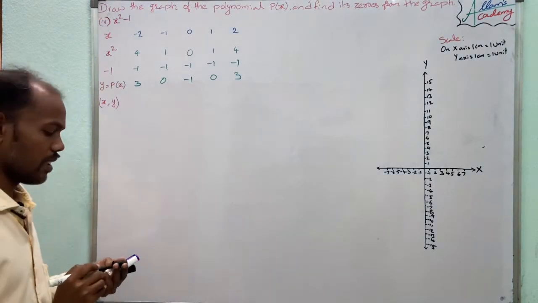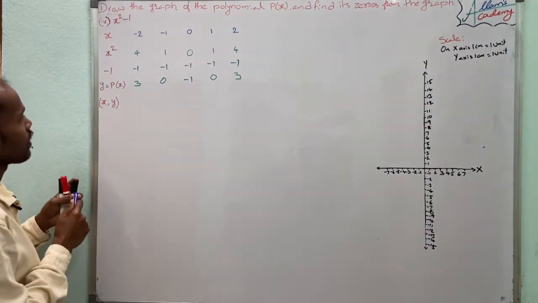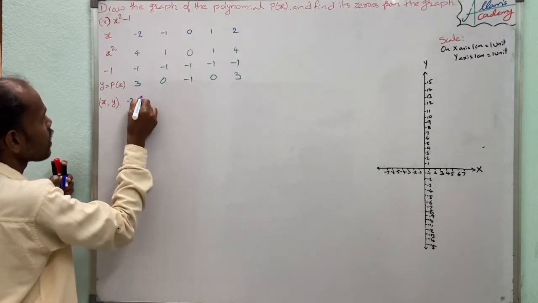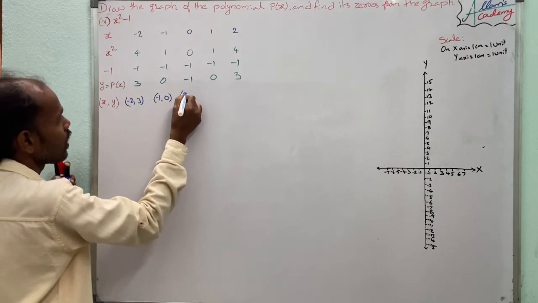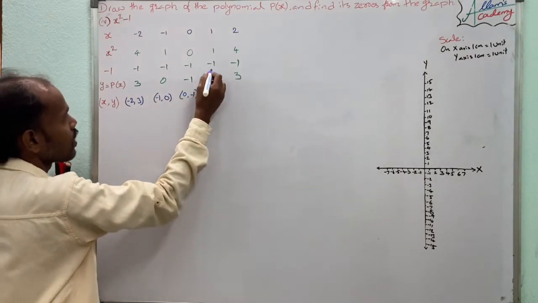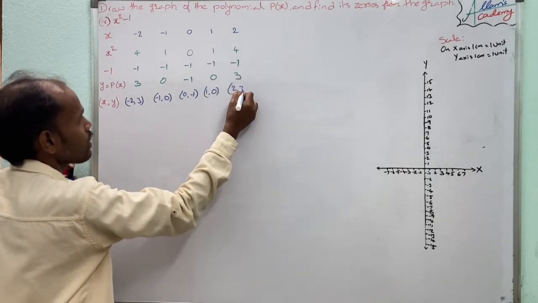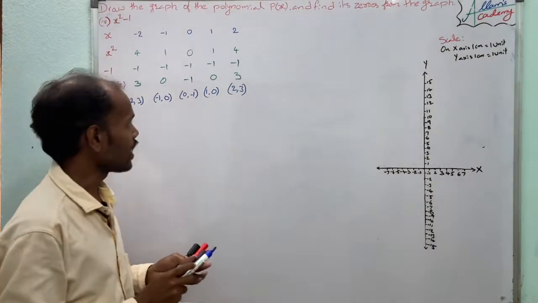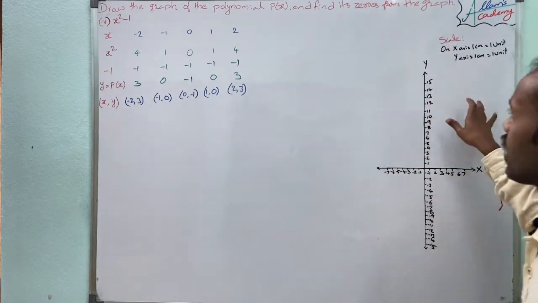So now the points are: for minus 2 the corresponding value is 3, for minus 1 it is 0, for 0 it is minus 1, for 1 it is 0, and for 2 it is 3. Now we write these points and locate them on the graph.